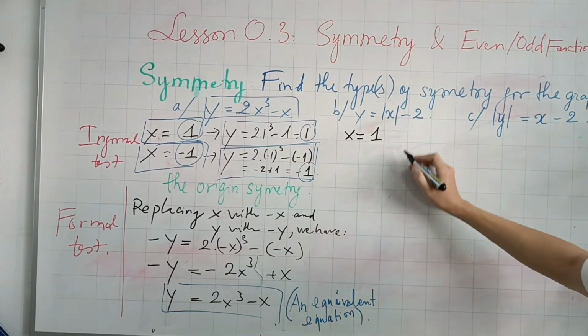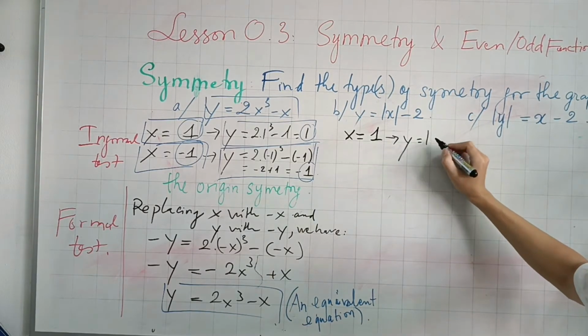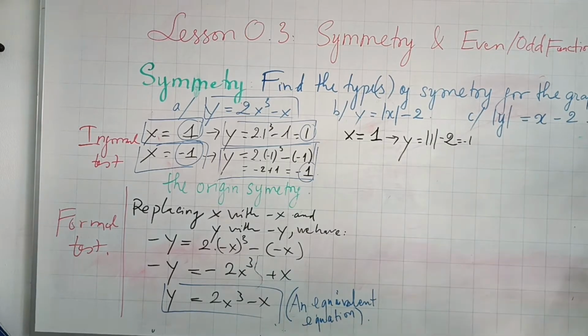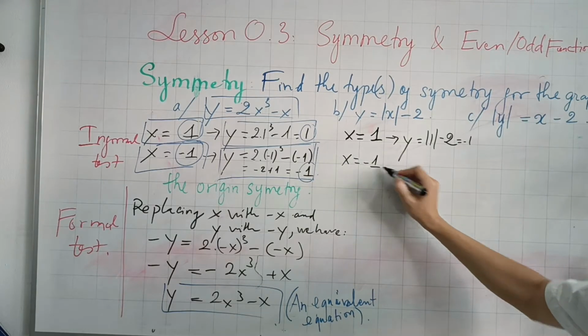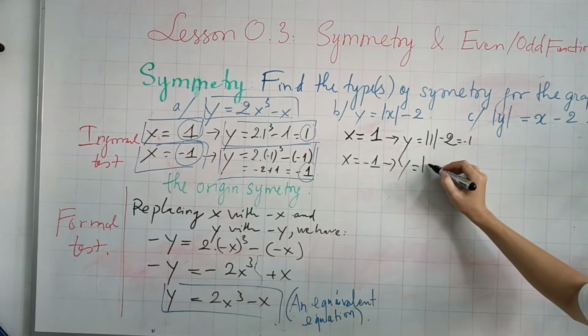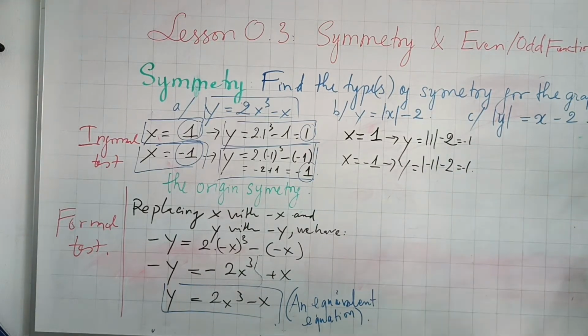X equals 1, so y equals absolute of 1 minus 2, that is negative 1. And when x equals negative 1, y equals absolute of negative 1 minus 2, which is also negative 1.